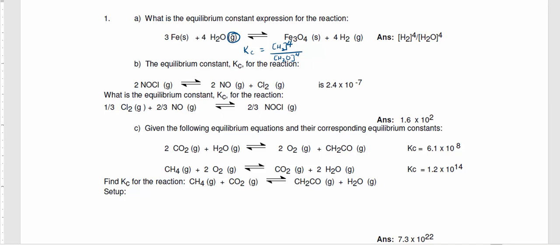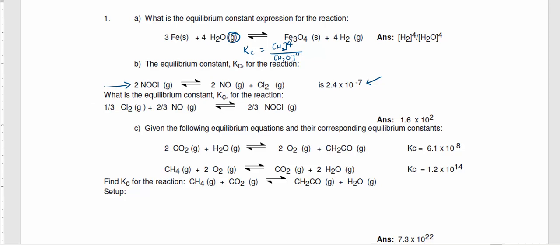So for B, if this equation has this equilibrium constant, 2.4 times 10 to the negative 7, then what happens if we're going to multiply all of the coefficients by a third and then switch the order?